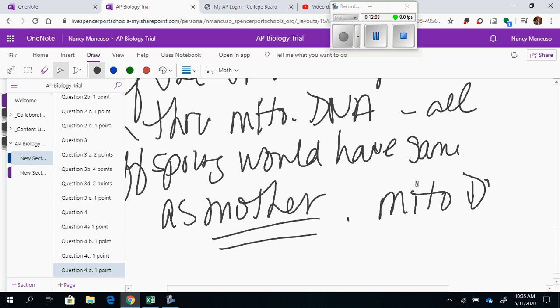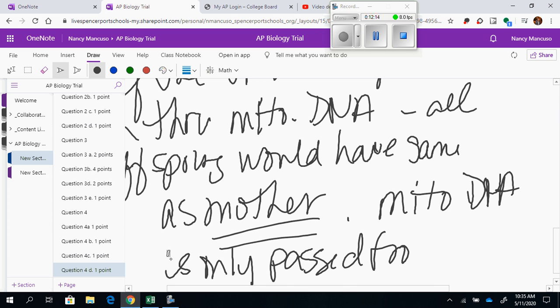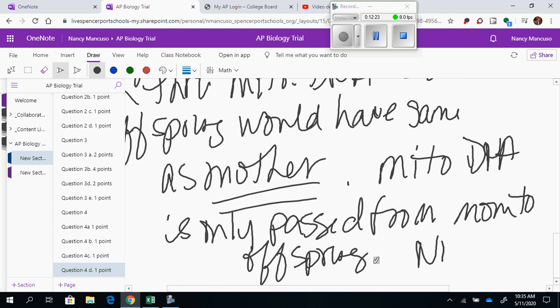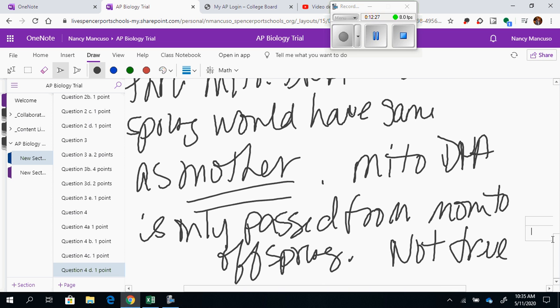Mitochondrial DNA is only passed from mom to the offspring. That is not true in the data above.